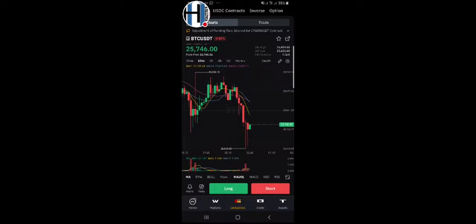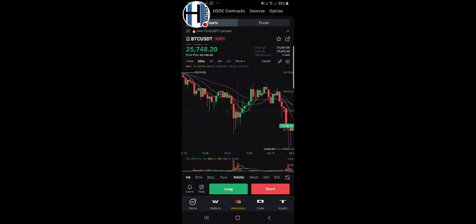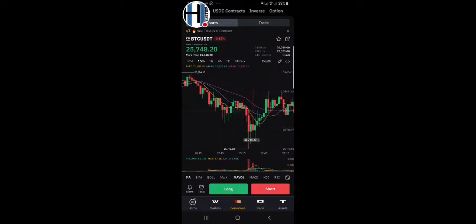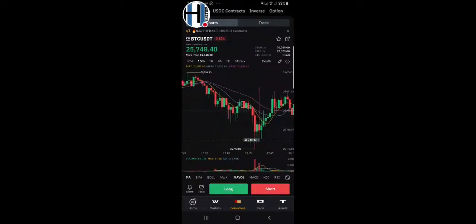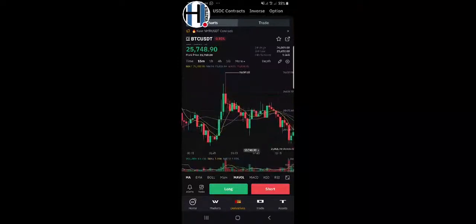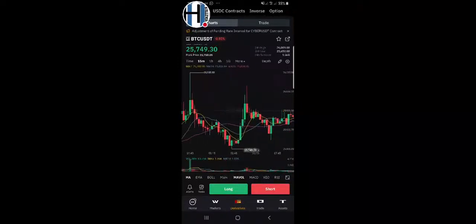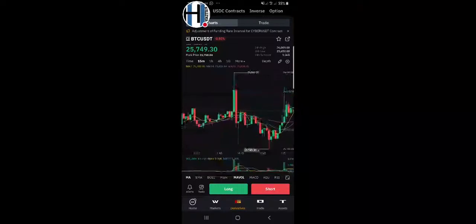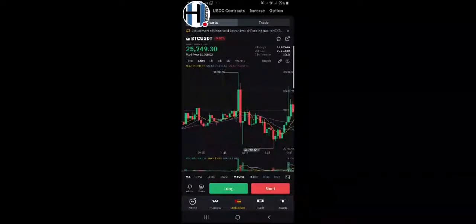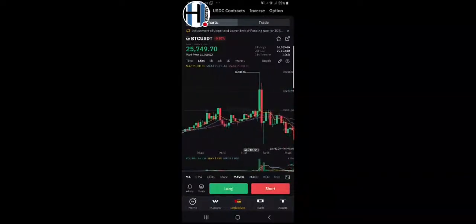This MA28 is purple here. Once it's under, there must be some bull run. If you check the pattern, the movement, the purple depicts the average movement.